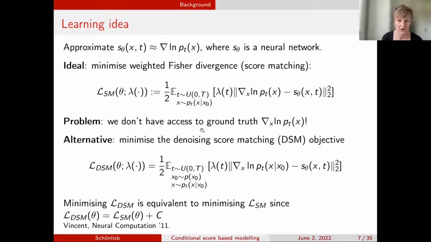So instead of minimizing this in order to learn the S theta, what these score-based diffusion people, or score-based modeling people in general, are doing is that they optimize this, where they replace the gradient of the log density by the gradient of the log of the transition densities. Okay, but a conditional density: you start your forward diffusion at x0 and you end up at xt.